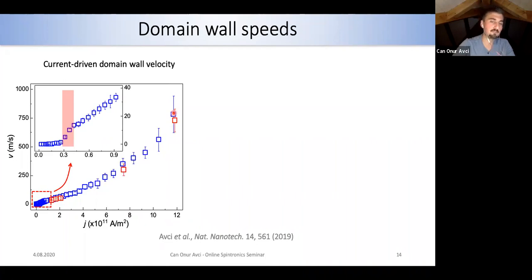It's pretty impressive. On top of that, we have a transition from a creep regime to a flow regime on the order of 10 to the 10 amps per meter square. This is also very, very low. So basically, this material is extremely efficient for domain wall motion studies.